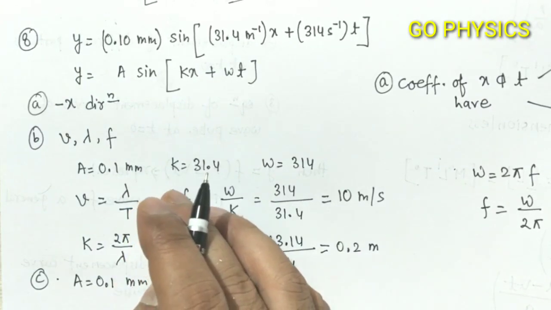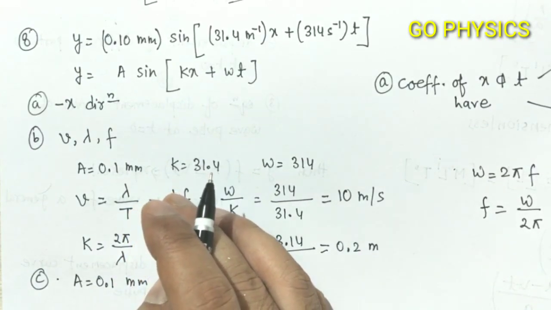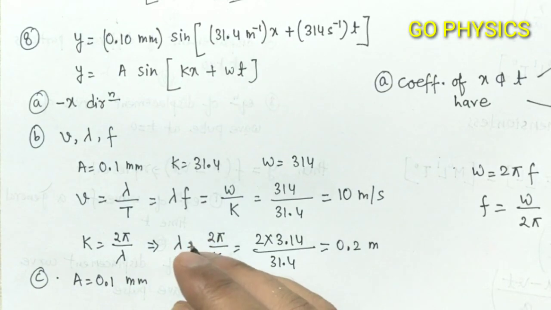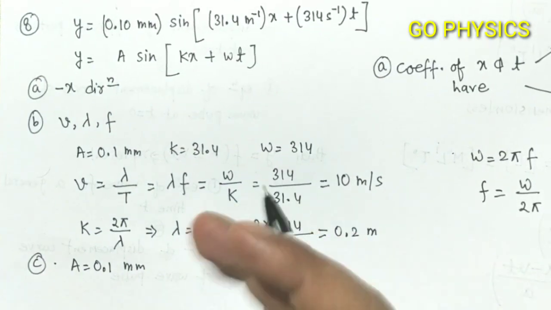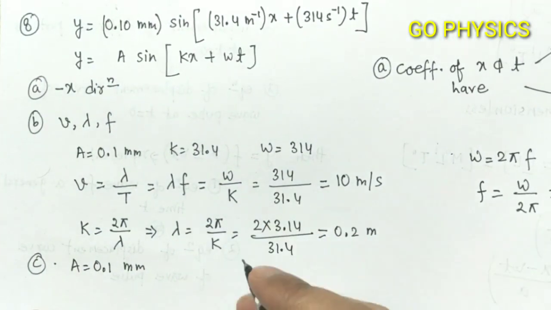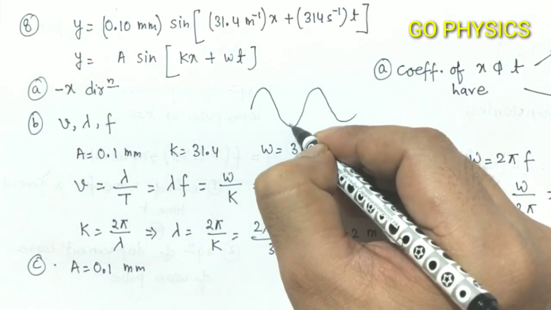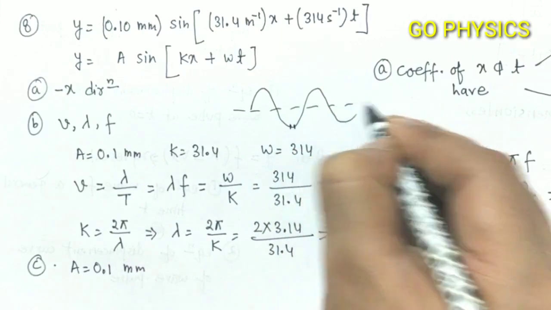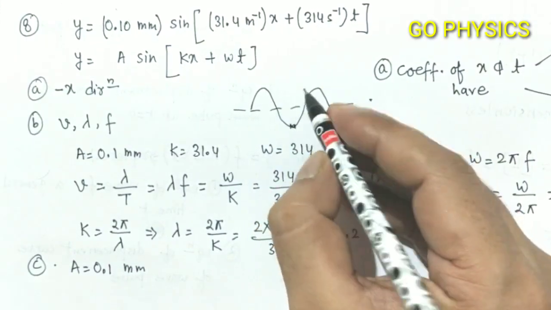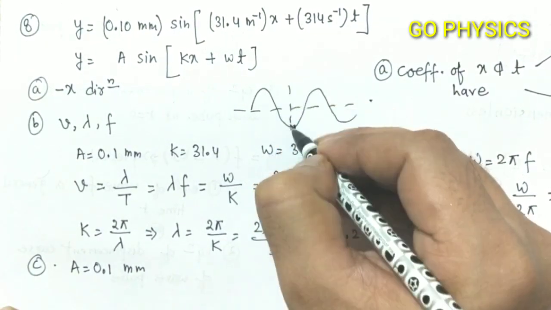And one more part is there: the maximum speed of a portion of the string. We already know that any portion of the string is doing simple harmonic motion. In a wave, if we take any portion of the string, this point is doing simple harmonic motion.